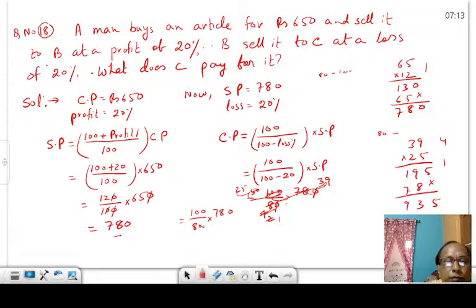Then how much are we getting? This zero will cut. If we divide by 2, it is 4, 2 3 is 6.